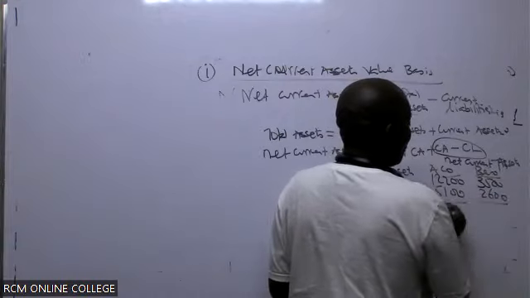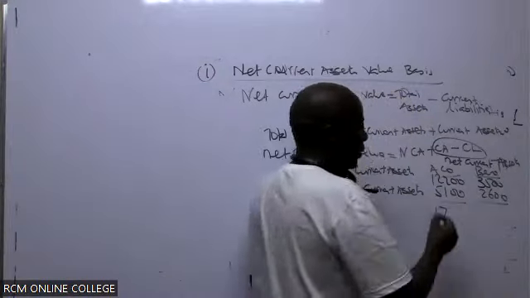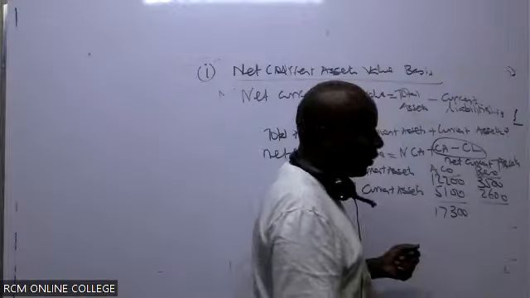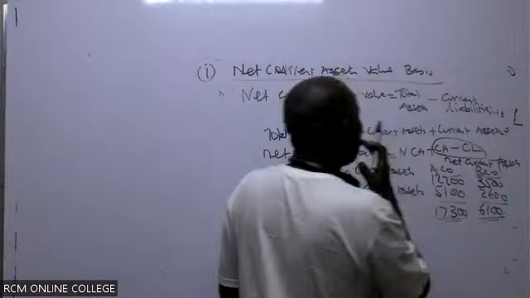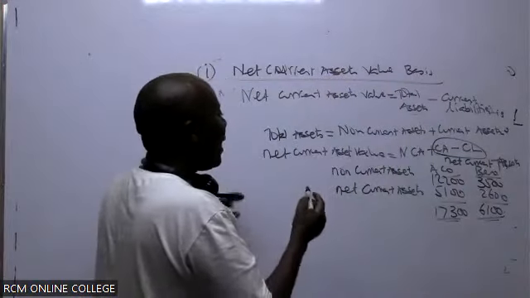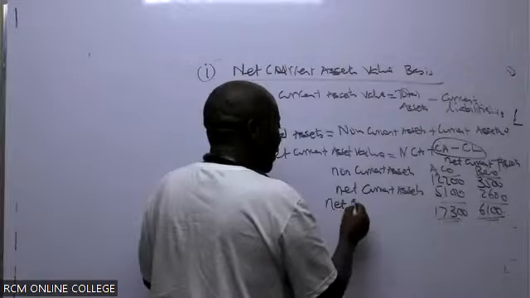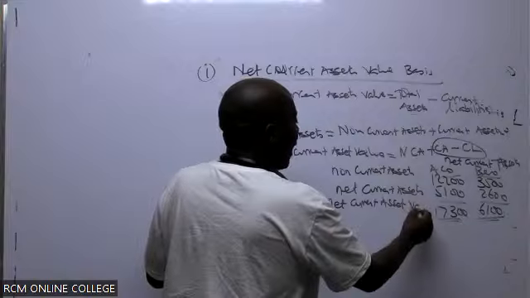That's how they got these figures of 17,300 versus 6,100. So these are our net current asset values.